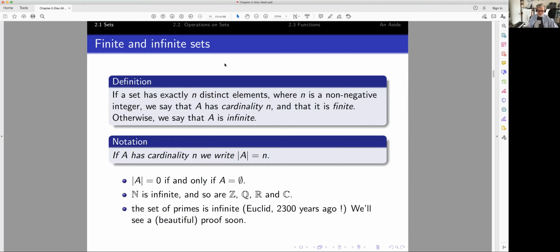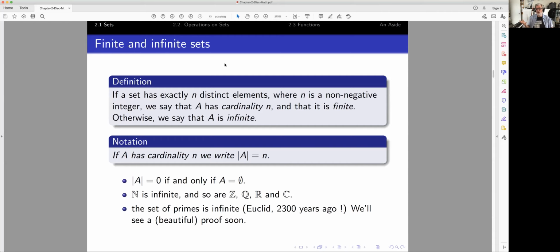Okay. Finite and infinite sets. Okay, so let's say you have a set and it has n distinct elements where n is some non-negative integer. I wrote non-negative because it could be 0, right? Then we say, that's our definition, that A has cardinality n.